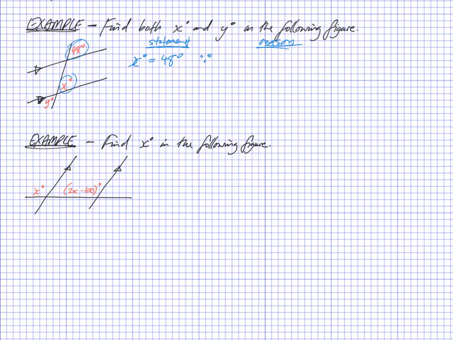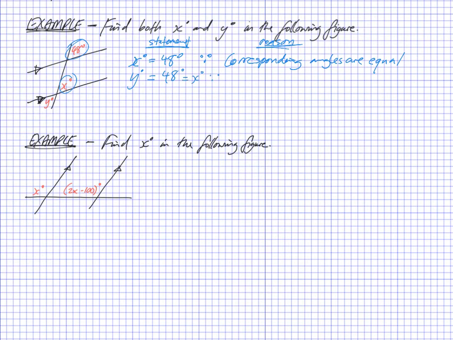Why? Because they are corresponding angles, and corresponding angles are equal. So that's the first thing. Now I can do y, which is equal to 48 degrees, which is equal to x degrees.